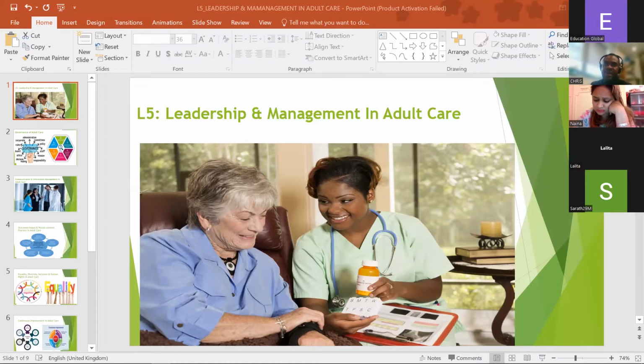Then an aspect of this will be continual learning and how that is important in relation to our experience in leadership and management. So basically, those are the content that will be covered under this first unit. Any question?